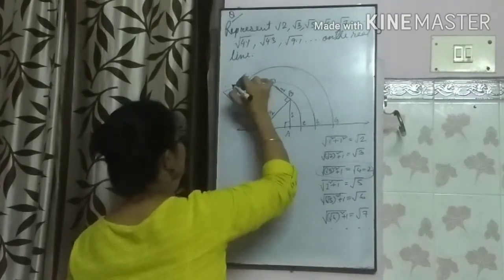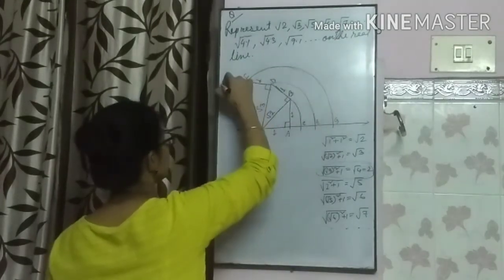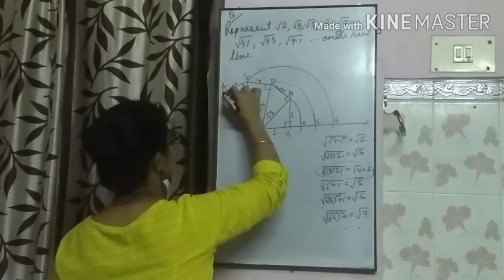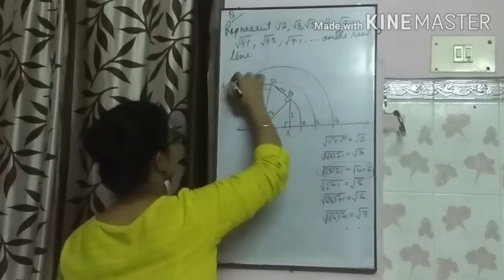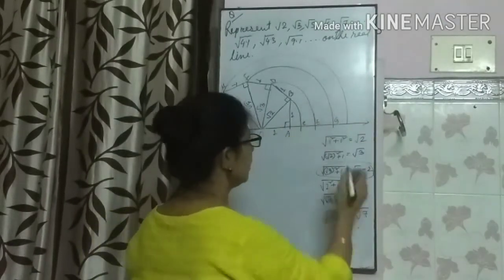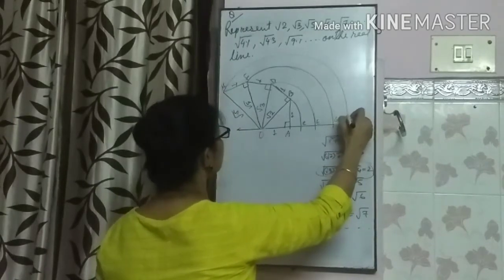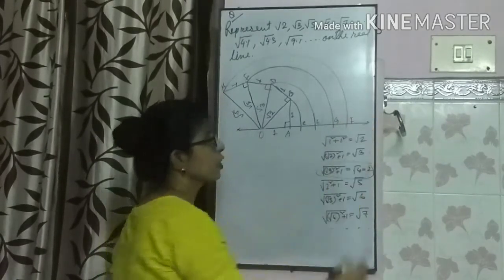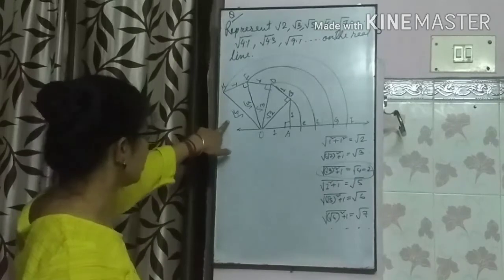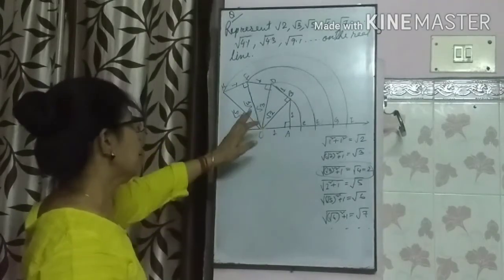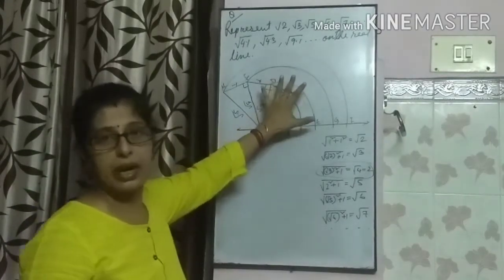This is of 1 unit. G, suppose it is H. Again, by taking OH as a radius, when you draw an arc, this point will give you root 5.